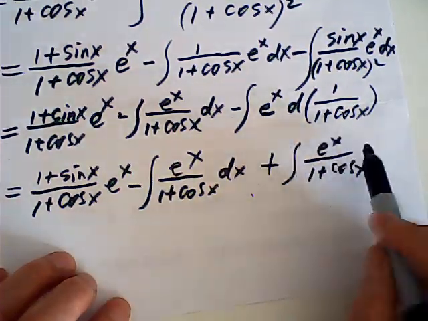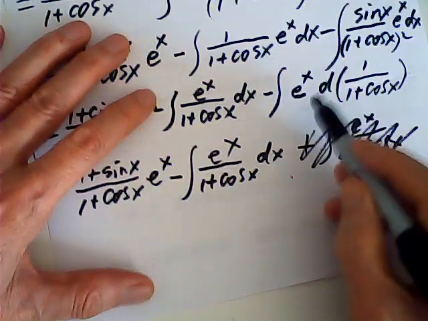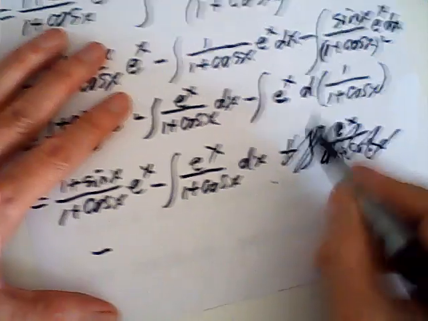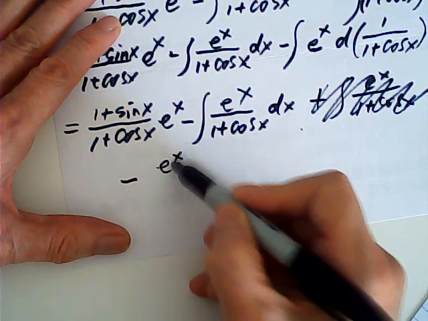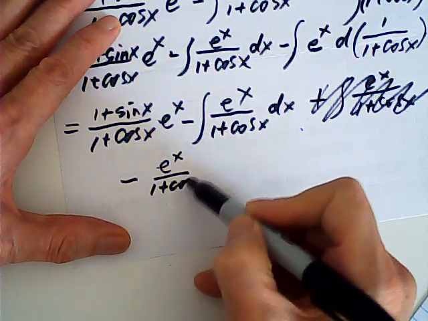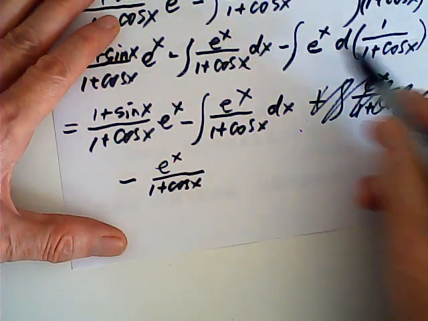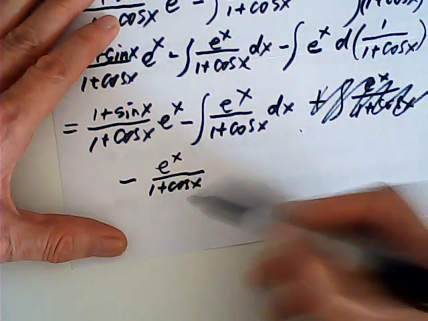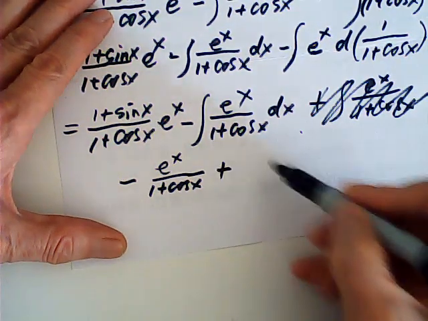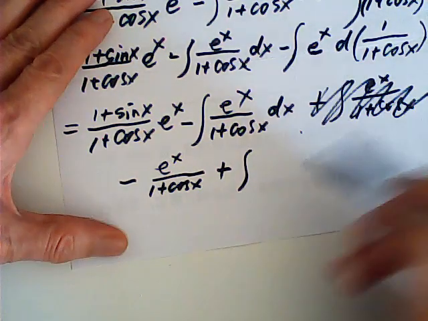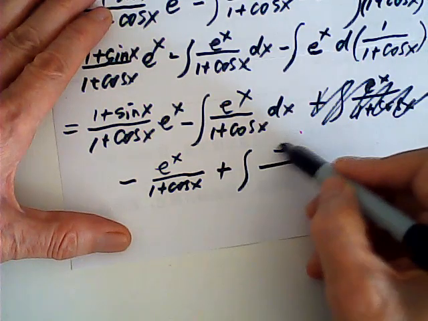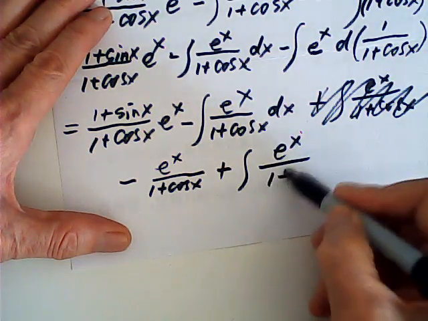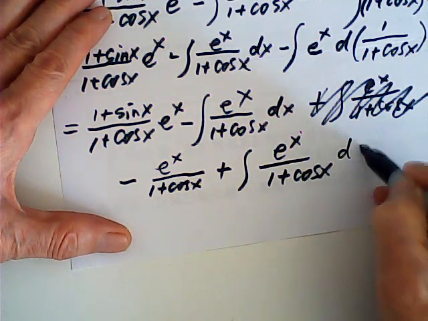Now this is by parts, u times v, minus v du, minus becomes plus, v is e to the x, over 1 plus cosine x dx.